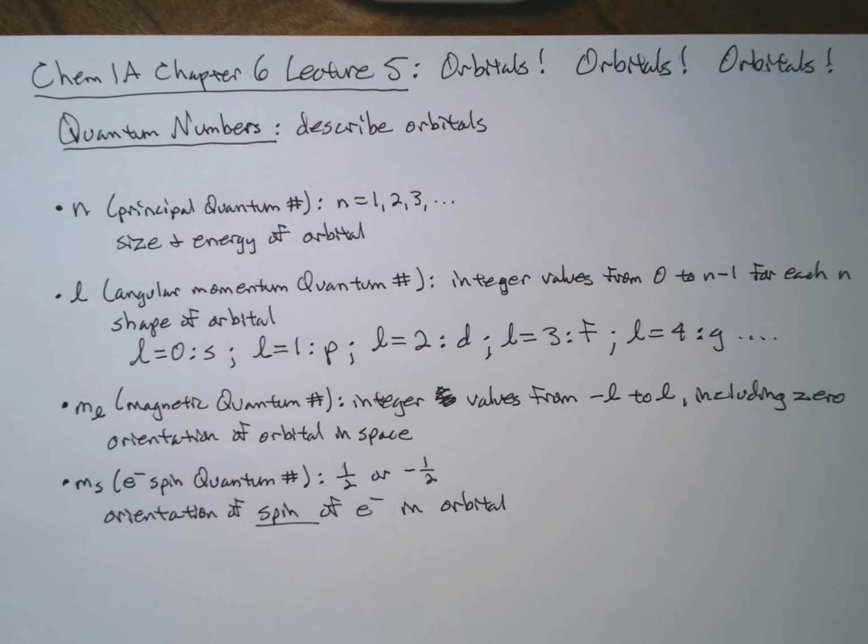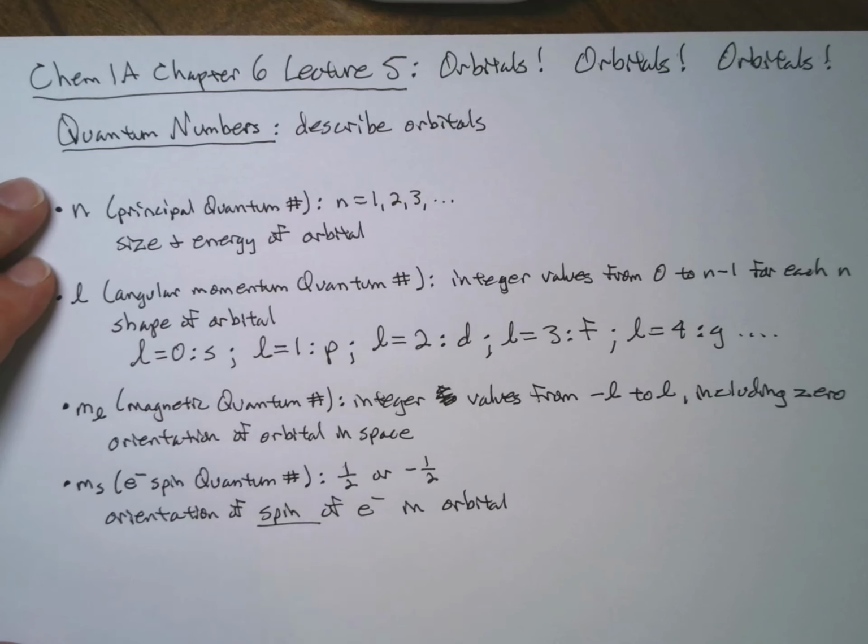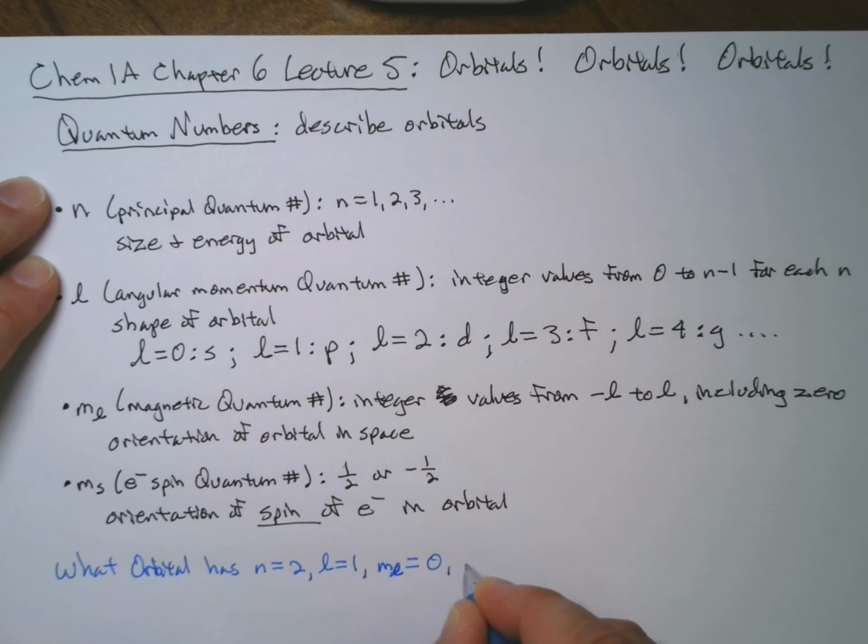All right, so let's just take an example here, and let's say what orbital has n equals 2, L equals 1, m sub L equals 0, m sub s equals 1/2. Okay, so n equals 2, so we're going to start off with 2, that's our energy level.